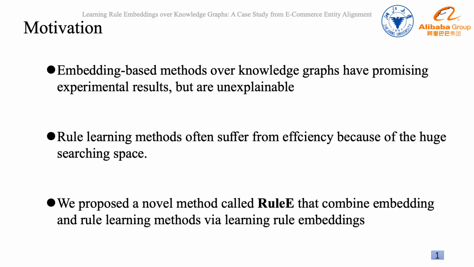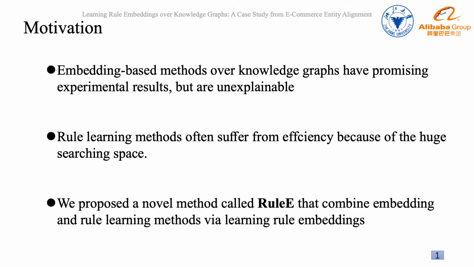Our task is entity alignment rule learning in e-commerce knowledge graph application. Previous work showed that rule learning and embedding-based methods help the development of knowledge graphs largely. While we couldn't directly apply them in our scenario because embedding-based methods with promising performance are unexplainable, while explanations are quite important in real-life applications.